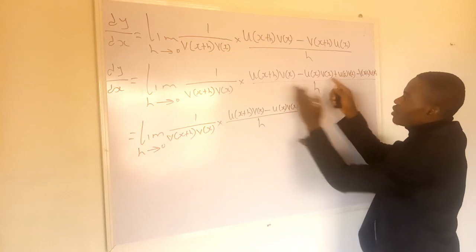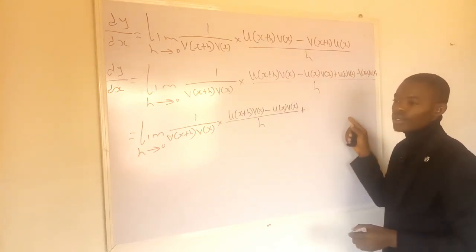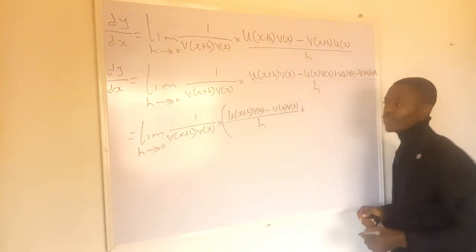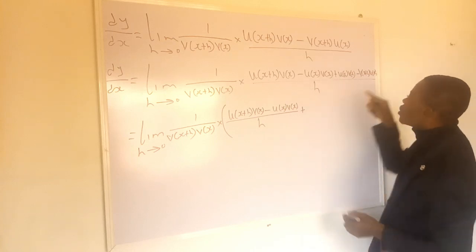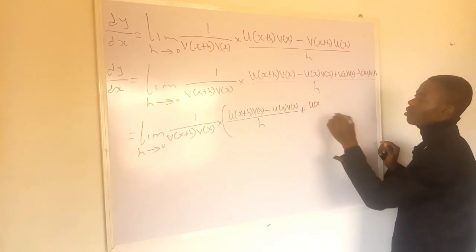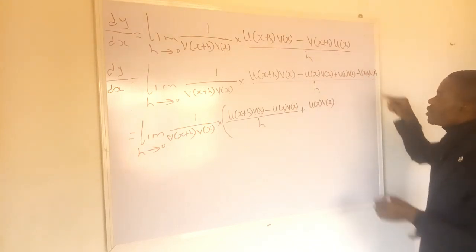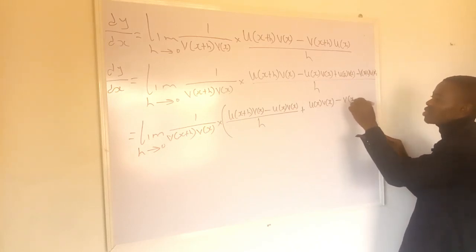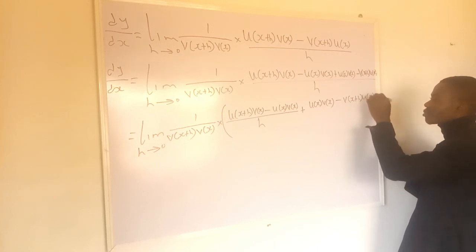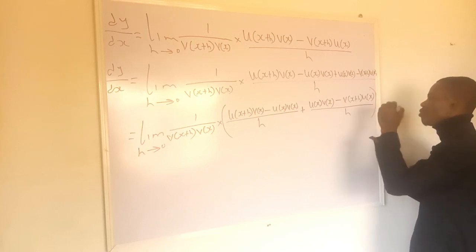Perfect. So I've separated this term. Now don't forget, positive sign is what is connecting them, plus. Okay, let me put in a bracket since this is multiplying the entire expression. Okay, perfect. Then plus, we have this u of x, okay, times v of x, then minus this minus v of x plus h, okay, times u of x, then also divided by h, and the brackets closed.